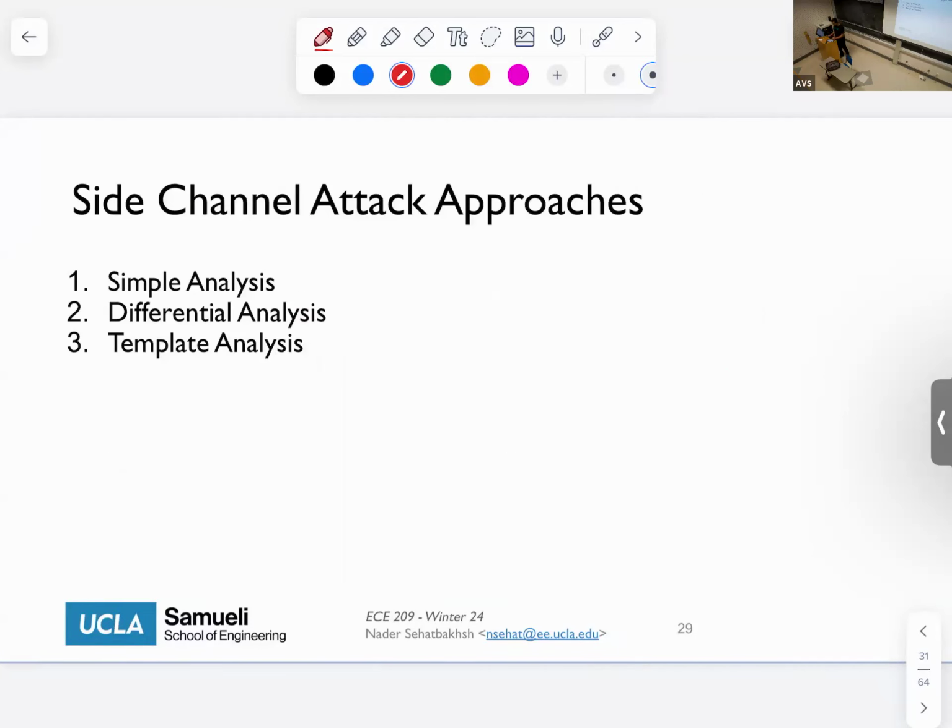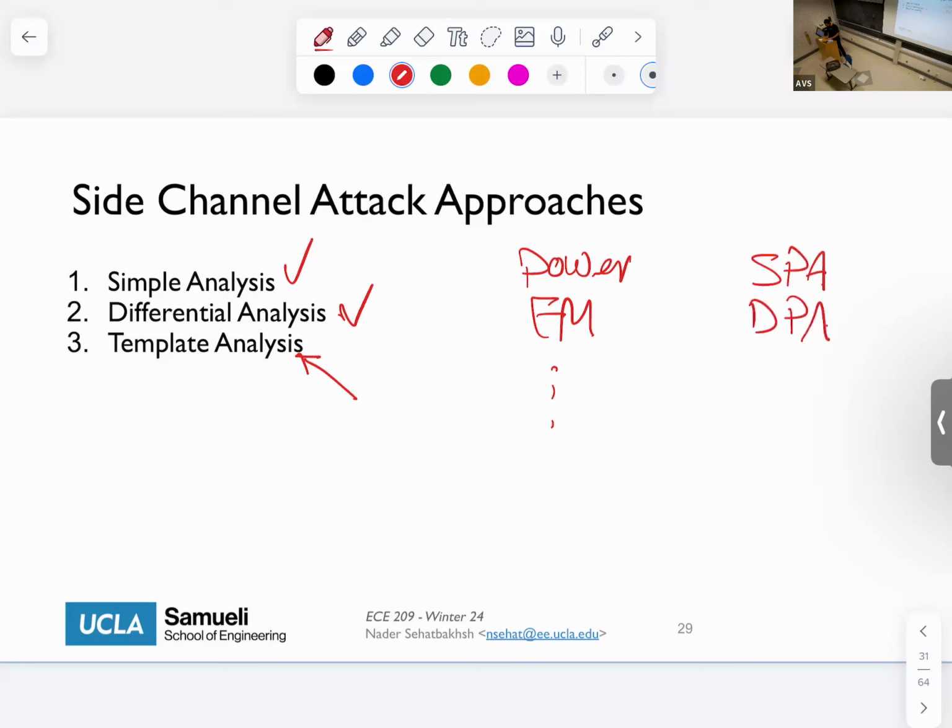All right, so we talked about simple analysis and we talked about differential analysis. Let's talk about a more modern approach, which is called template analysis. Again, I want to emphasize that you can have power, you can have EM or electromagnetic, and you can have a bunch of different things like temperature and so on. So when we say simple power analysis or differential power analysis, you've probably heard of SPA and DPA.